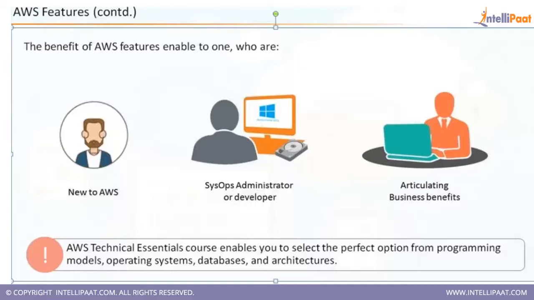So AWS provides you a lot of features in terms of load balancer, storage, type of VMs, security, and your database server. You can use a MySQL database server, you can use SQL Server, you can use Postgres. So AWS provides you all these types of benefits.